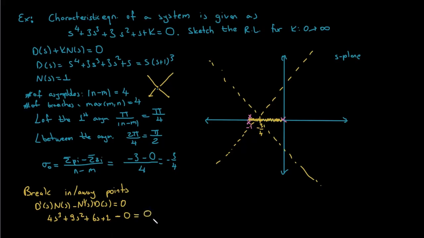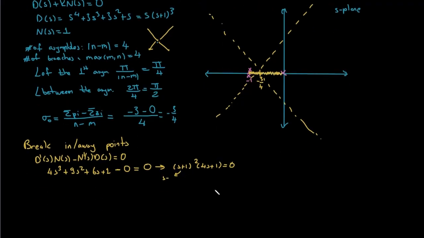So apparently this is equal to s plus 1 squared times 4s plus 1 equals 0. And we have the roots as s equals -1, and s equals -1/4.